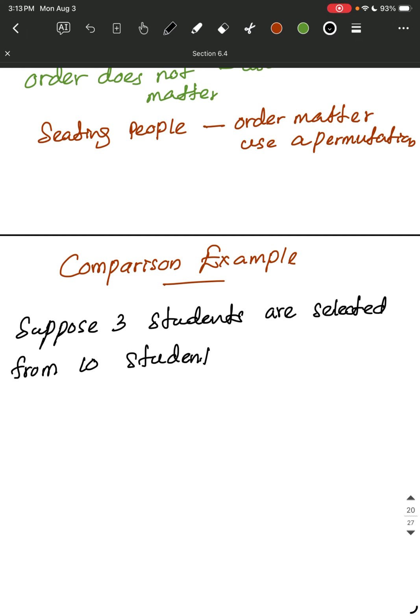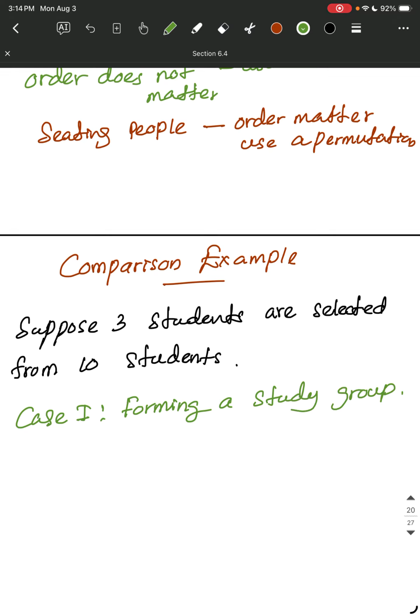Case 1, forming a study group. A group has no positions, right? So forming a study group means a group has no positions. Use combinations. C, choose 3 out of 10.